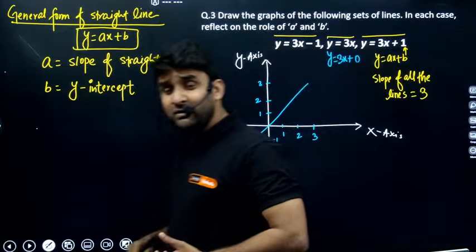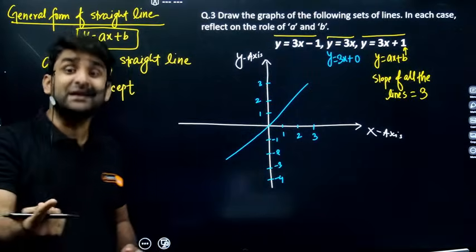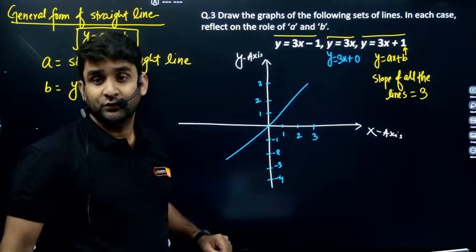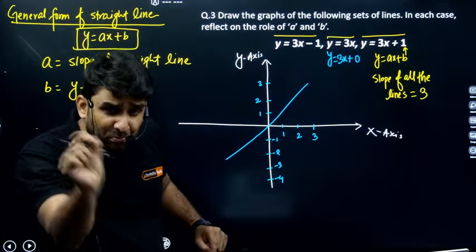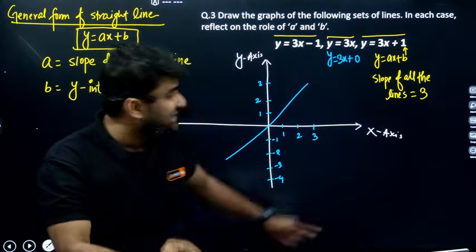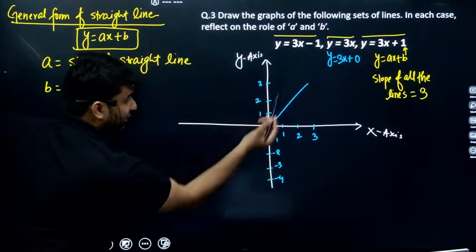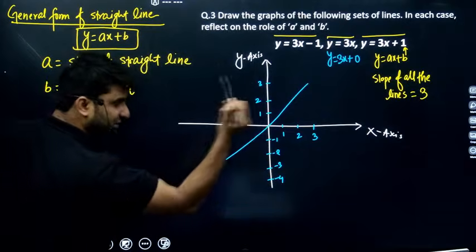So all the lines will be parallel to each other, but their y-intercepts are different from each other. Here the y-intercept is +1. So the line will intersect the positive y-axis at +1. So I'm using yellow color, guys.